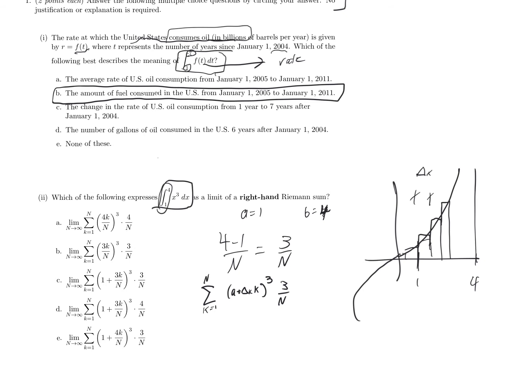Well, delta x is also 3 over n, so that turns into 3 over n k cubed times 3 over n. And our a is equal to 1. So we have the sum, that's k equals 1 to n. And look at that, it matches up perfectly with letter C. All right, let's move on to the second page of the review.